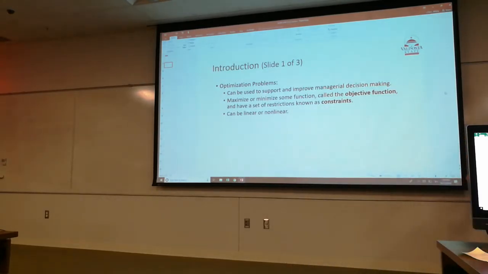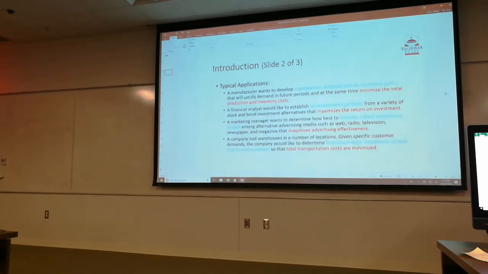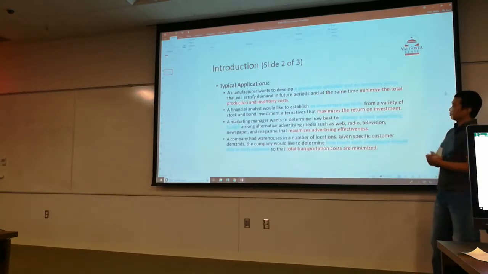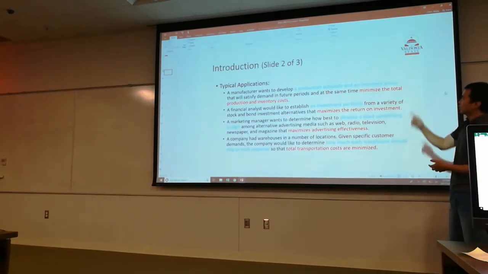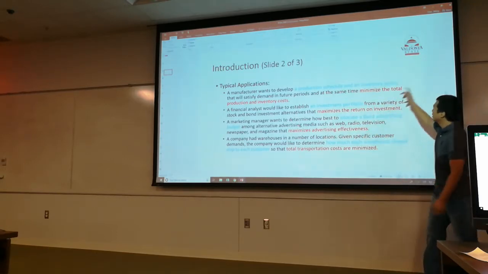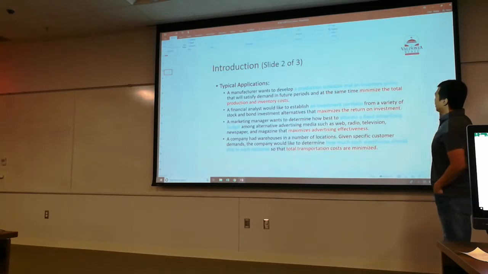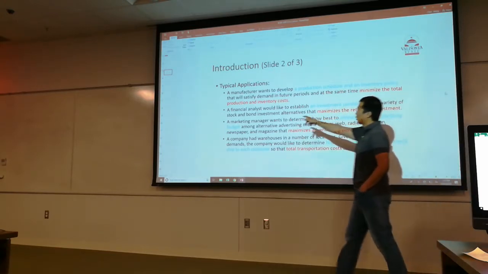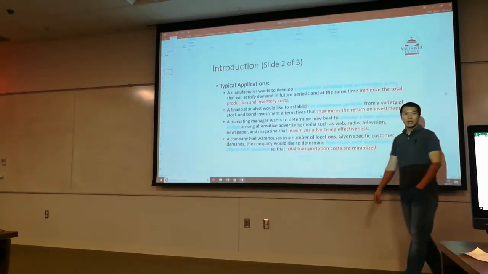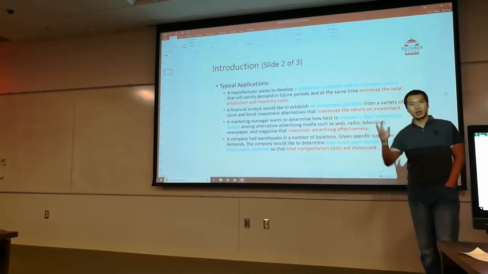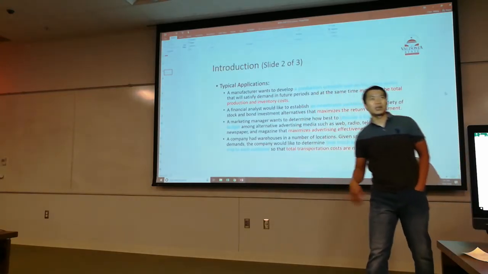We will talk about both, but in this lecture we will talk about linear optimization. So some of the applications. A manufacturer wants to develop a production schedule and an inventory policy that will satisfy demand in future periods and at the same time minimize the total production and inventory cost. So in this description we have to get two things.